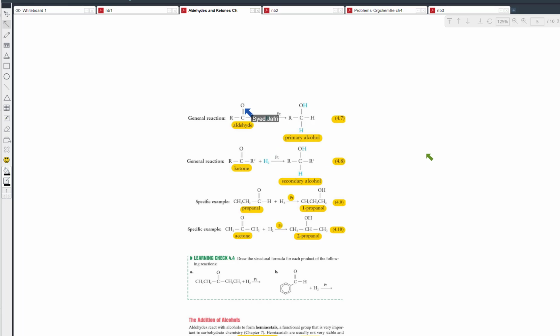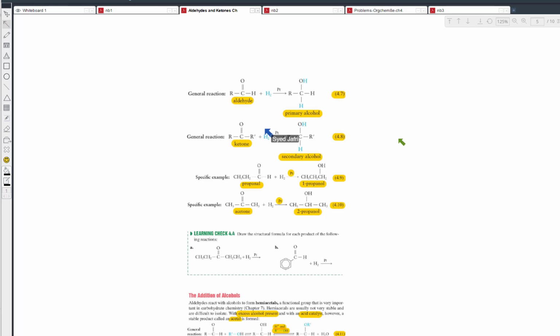One hydrogen goes with oxygen and one hydrogen goes with carbon, and you will get a primary alcohol. If it is a ketone, you will get a secondary alcohol. This is called addition of hydrogen, also called reduction of aldehyde and ketone. So it's a way to reverse it.